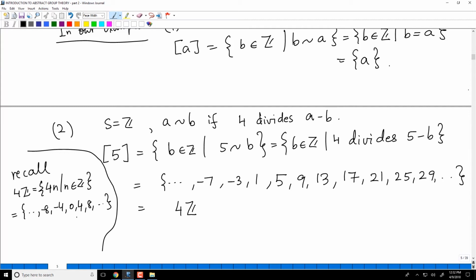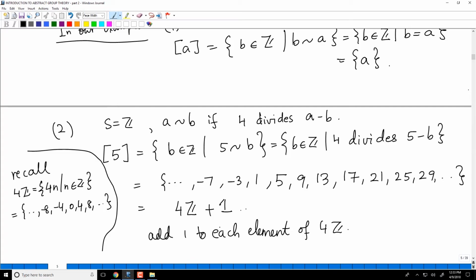Of course it's not that, but it looks like 0 is replaced by 1, 4 is replaced by 5, 8 is replaced by 9, minus 4 is replaced by minus 3. So I can write this as 4Z plus 1. You take 4Z and add 1 to each element. So the equivalence class of 5 is just 4Z plus 1.